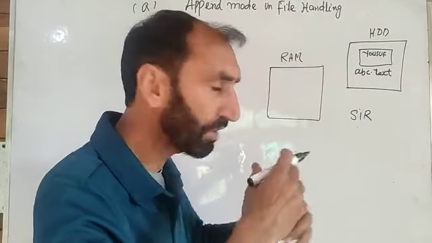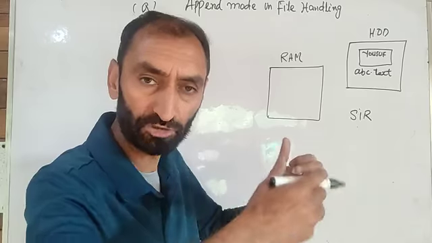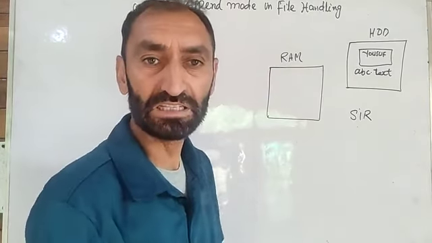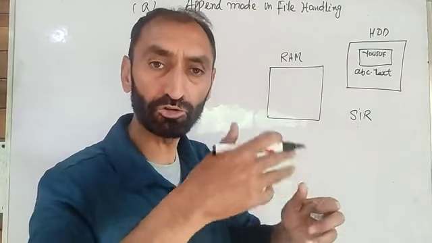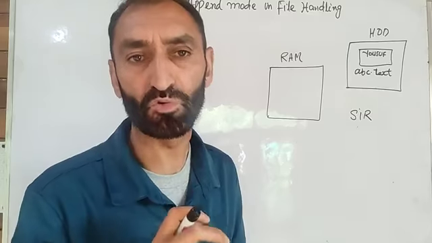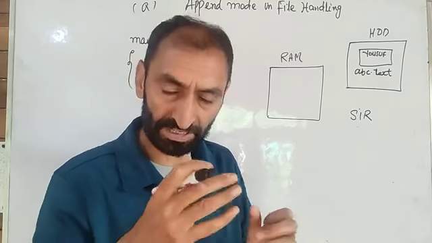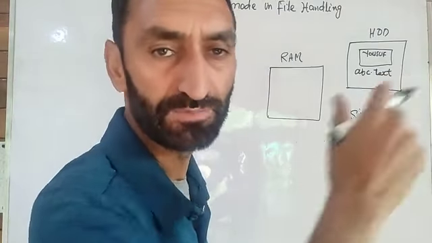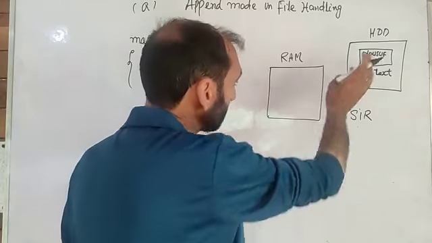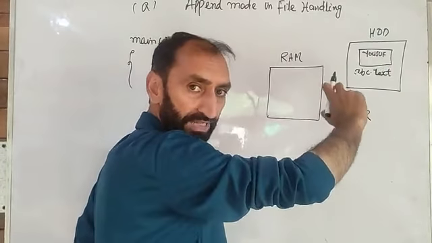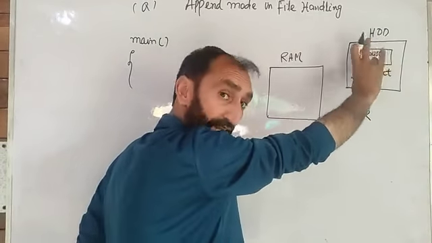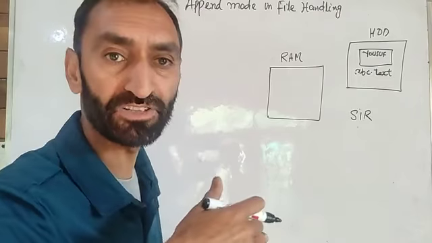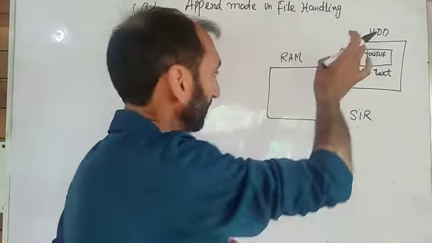So, in order to append the contents of the file, in order to add new contents to the already existing file, we have to open the file in the append mode. We have already discussed the write mode and read mode in the previous video. In the write mode, the contents which are already present in the file get erased, and the new contents are written there.